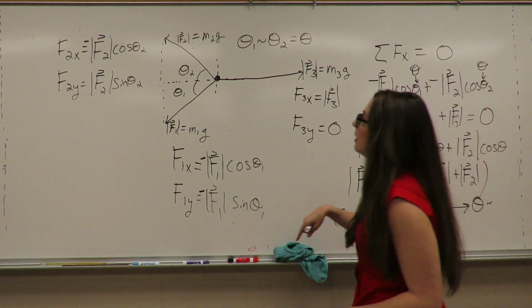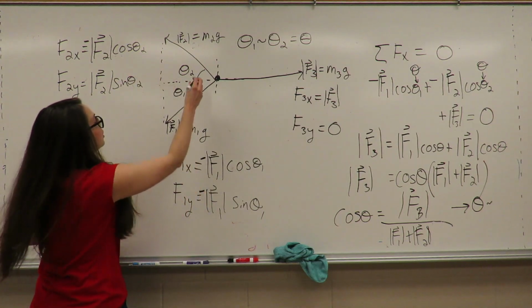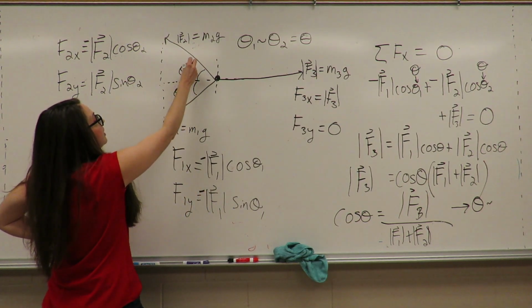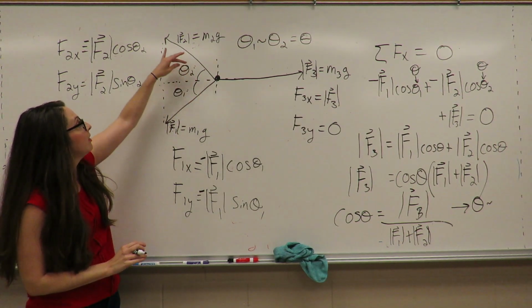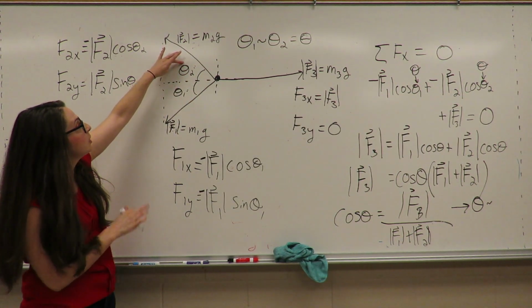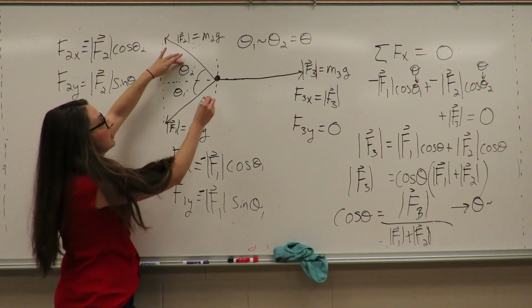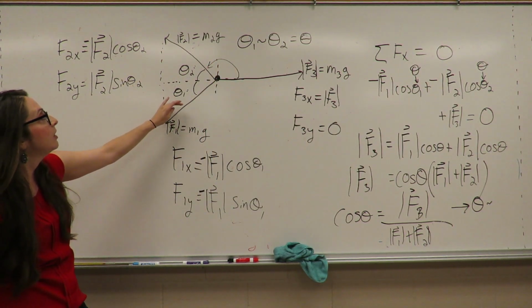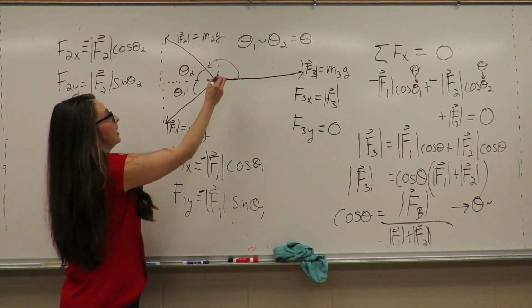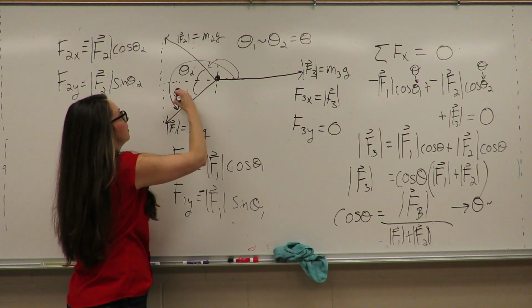So if I come back over here to my diagram, I should get that both of these angles are about the same. And then if I find this angle and subtract it from 180, that should give us this angle right here. If I find this angle and add it to 180, I should get this angle right here.